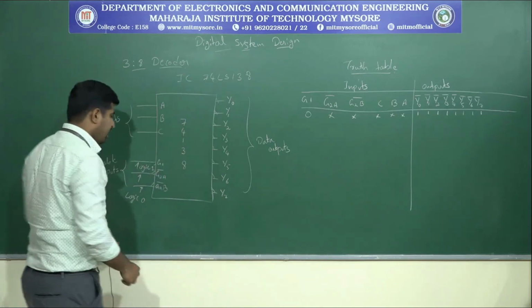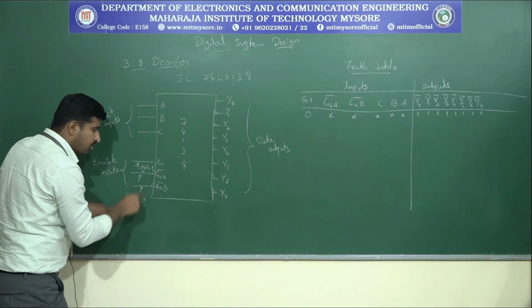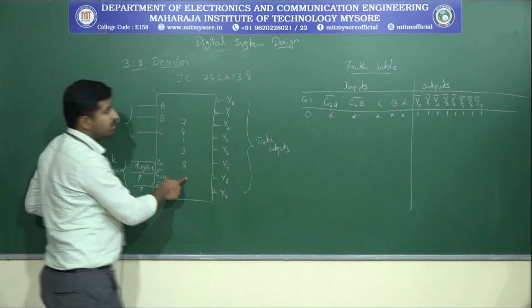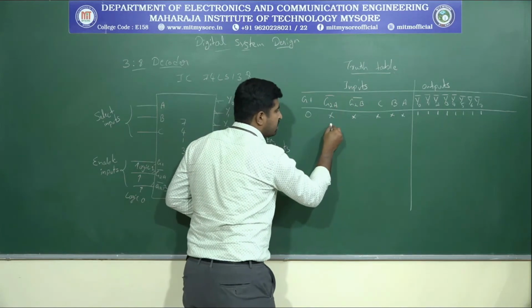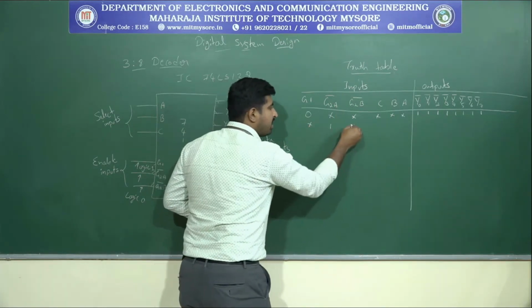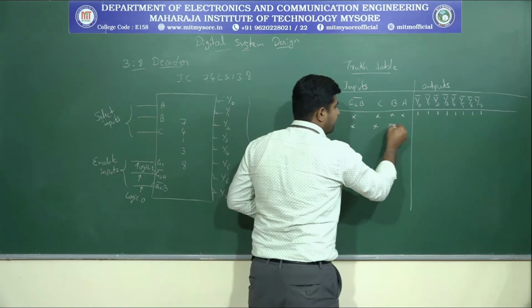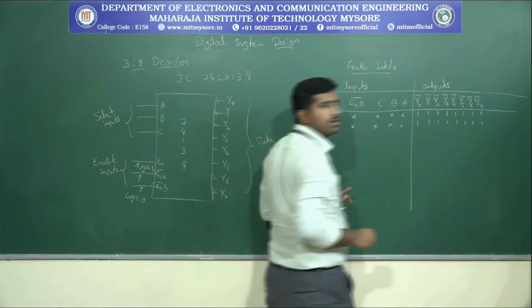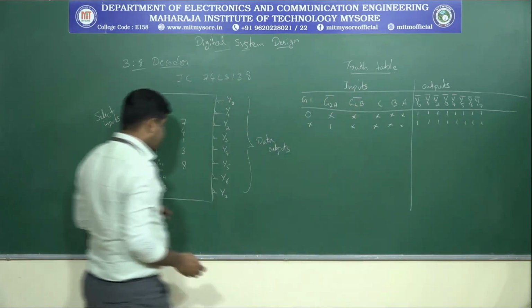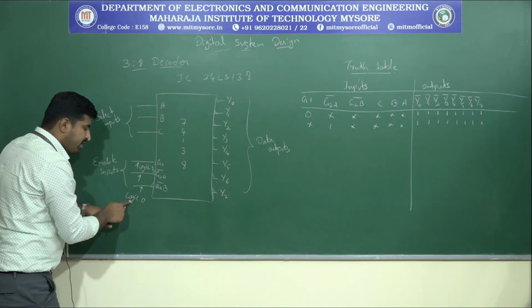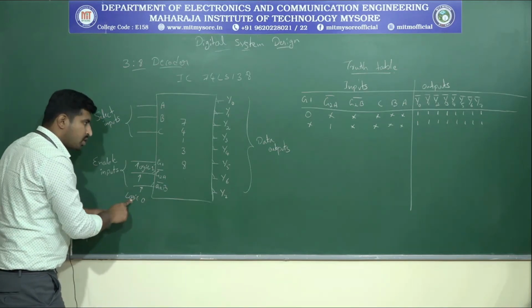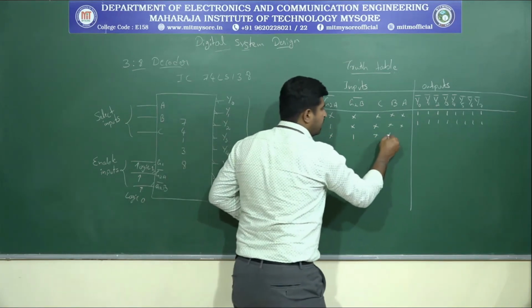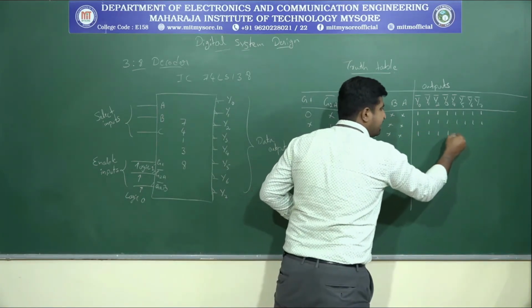Okay, similarly, instead of giving a logic 0 to G2A, if we give a logic 1, again the decoder will be disabled. So if G2A is 1 and the other inputs are whatever, again the decoder will be disabled. Similarly for G2B, we need to give a logic 0, but if we give a logic 1, whatever the other inputs, again the decoder will be disabled.